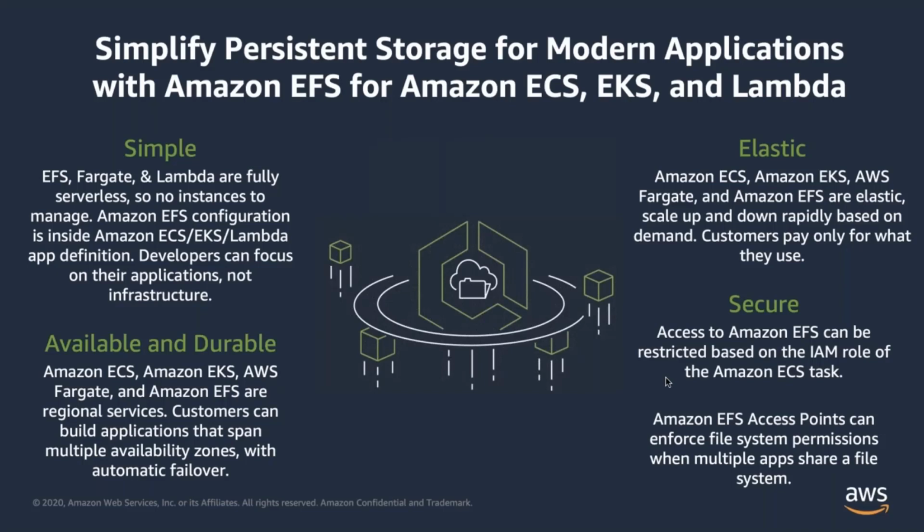AWS Lambda also has this benefit. So really any of these modern compute services, whether it's containers or serverless, now make your application regional, where you don't have to worry about which availability zone you're running in. You're resilient to any sort of issues in one availability zone or another. Your application will move wherever there is the highest level of availability, and the storage works the same way, so you never have to think about that in your application.